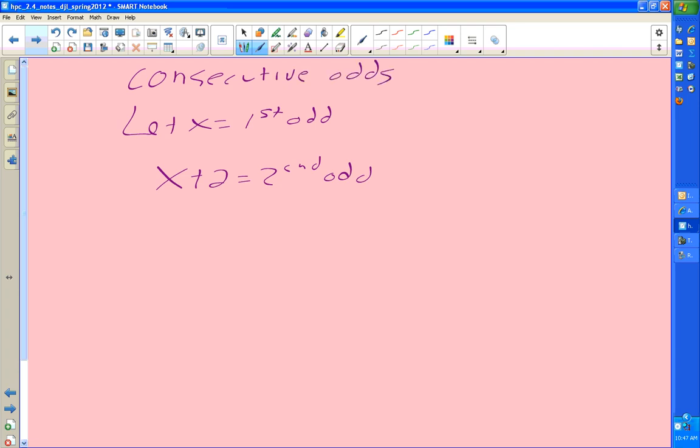How do you get from one odd to the next? You add 2. What if I wanted you to find consecutive evens? Same thing. X would be the first even, x plus 2 would be the second even. And if they were consecutive integers, x and x plus 1 would be consecutive integers.